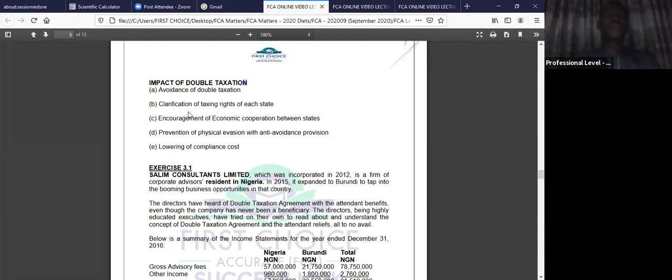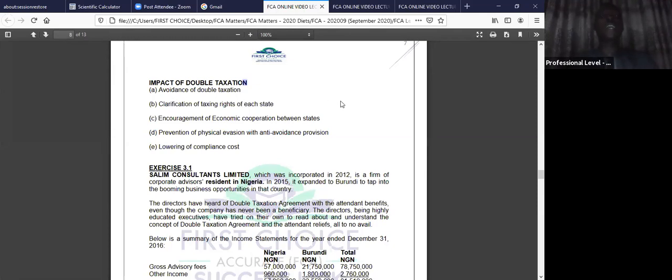This is different from multiple tax. Multiple tax is when a taxpayer is facing different taxes from different tax jurisdictions. But double taxation is the same kind of tax, income tax, being charged twice in two different jurisdictions. That's double taxation. So it helps you to avoid double taxation.